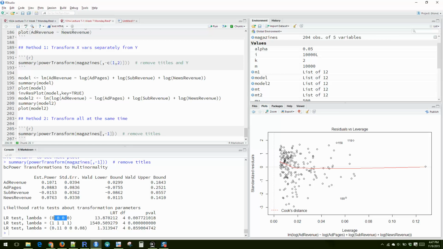We can try applying the 0, 0, 0 transform, which is just taking the log of everything, which is what we did before. And here it says the p-value associated with that is less than 1%. So that may or may not be the best one. The other option is to do this funky 0.11, 0, 0, and 0.08.